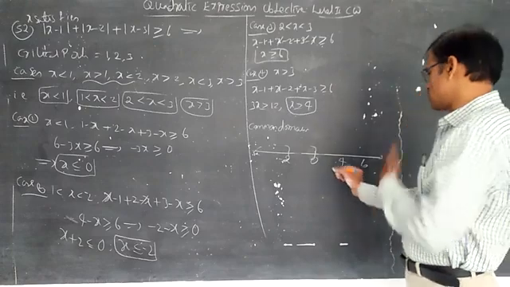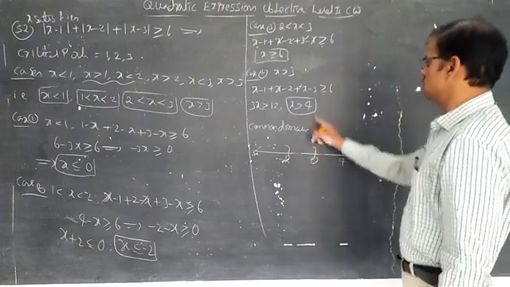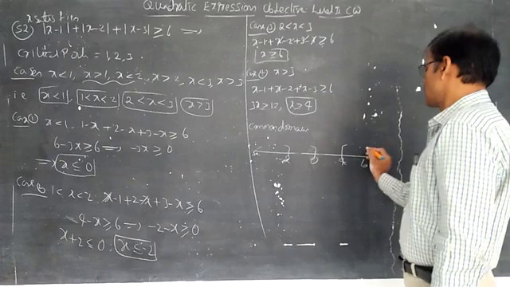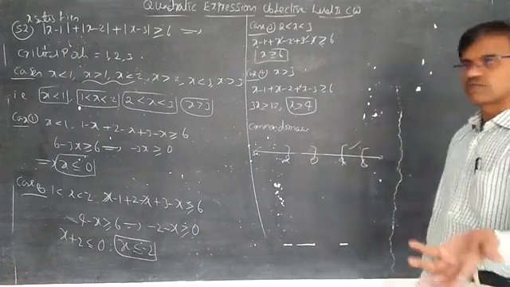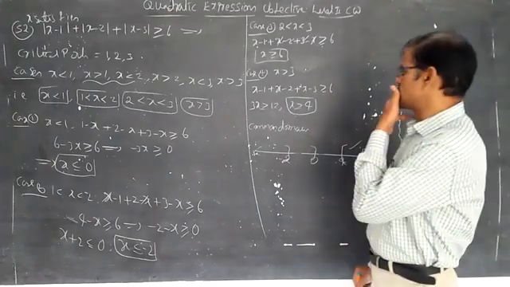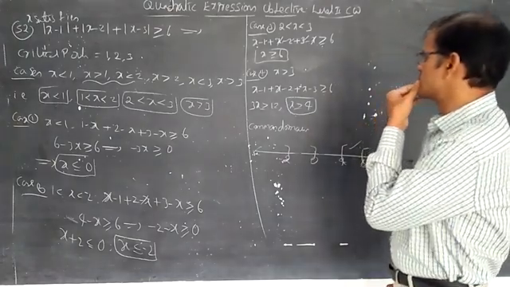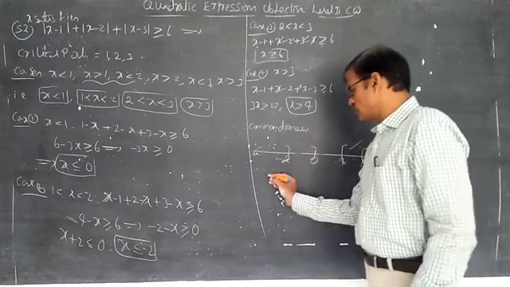And x greater than 3, which includes 4, is also correct. Whenever x is greater than 4, it is correct. So 4 should be included.